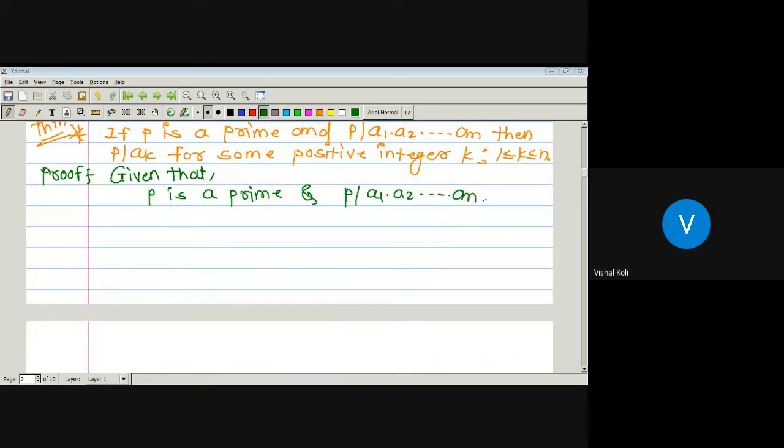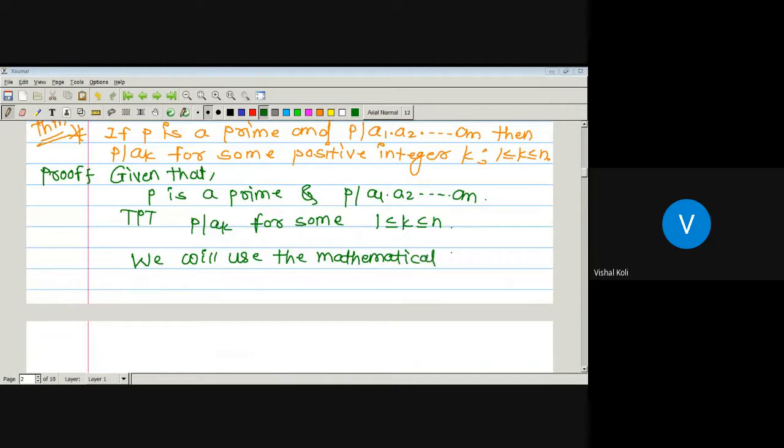So for proving this, we will use mathematical induction to prove that P divides AK for some K lying between 1 and n.